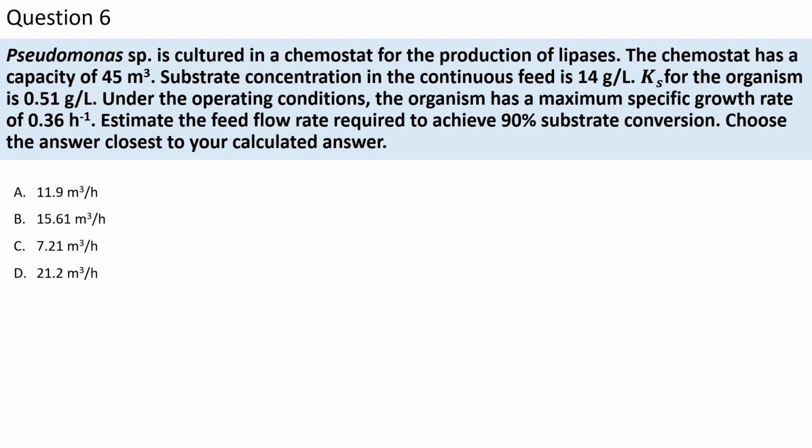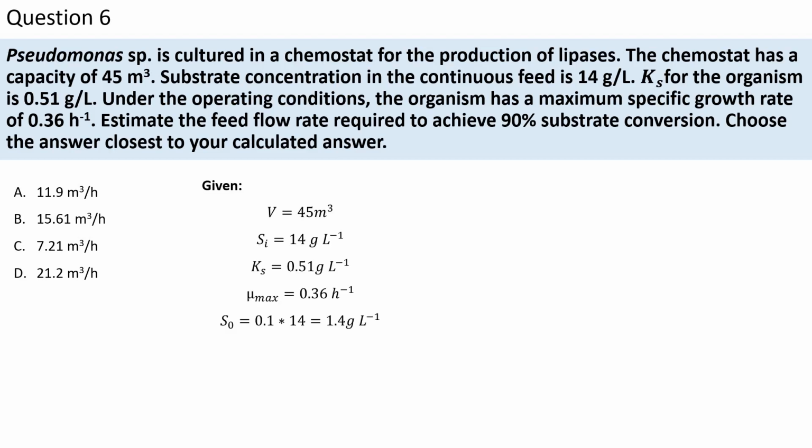The substrate concentration in the continuous feed is 14 gram per liter, maybe the inlet concentration. Ks for the organism is 0.51 gram per liter. The maximum specific growth rate is also given, that is 0.36 per hour. We want 90% substrate conversion. So what should be the feed flow rate that we have to set for this?